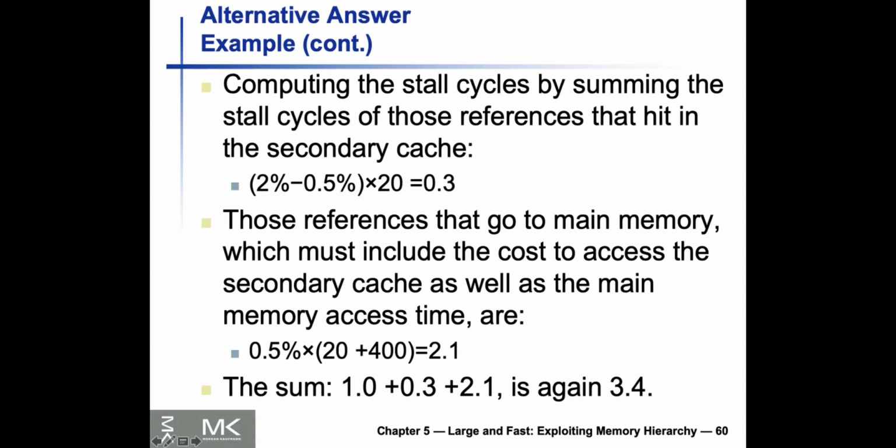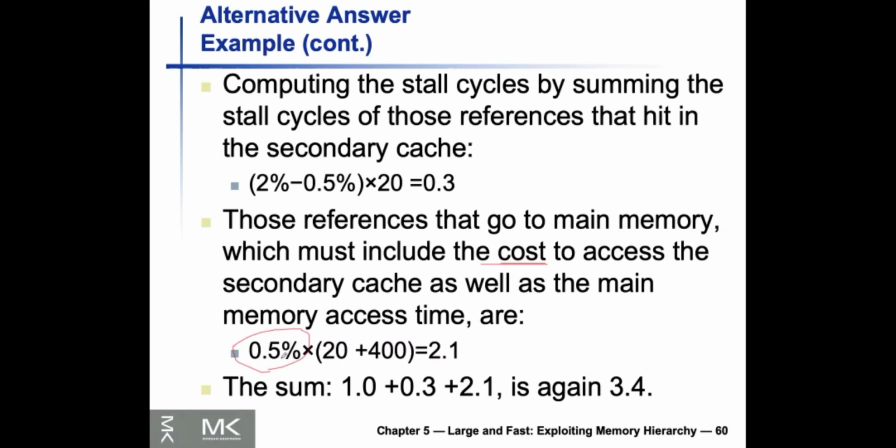Now, those references that we computed that go to main memory, right? We must include the cost of going to main memory for those misses, right? For 0.5% of the times we are going to memory, we have to compute their cost, right?